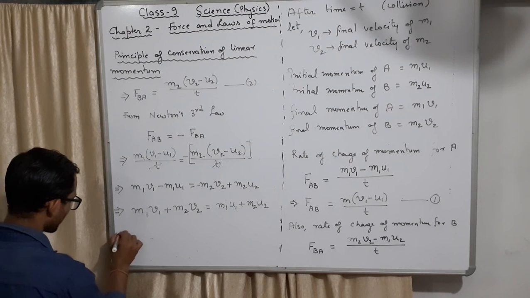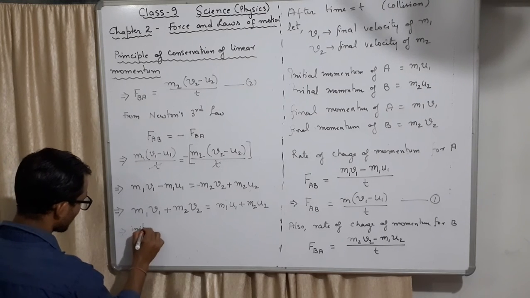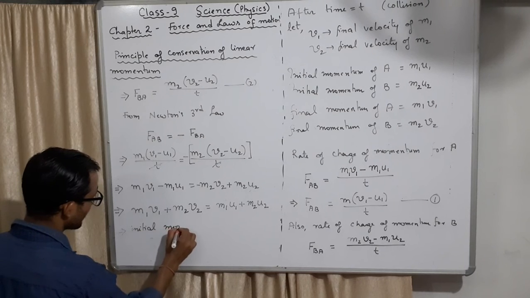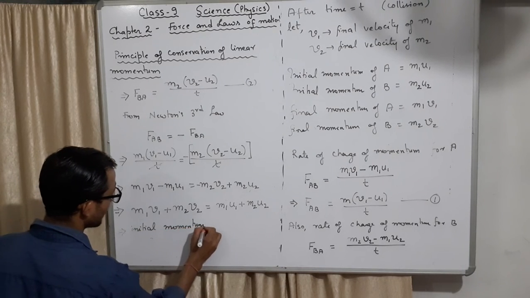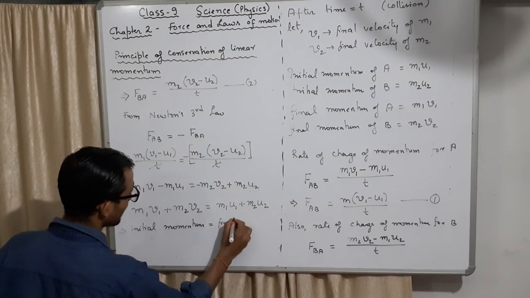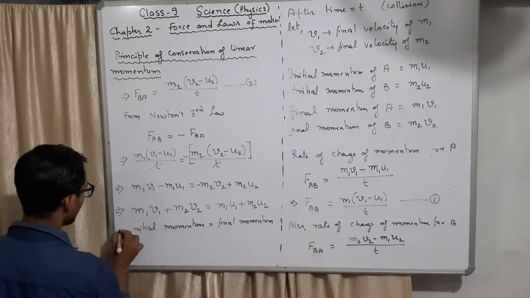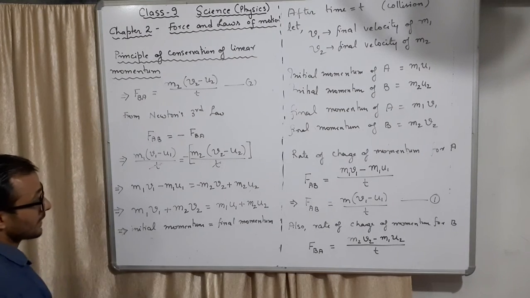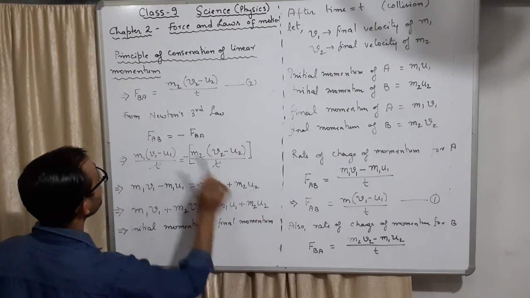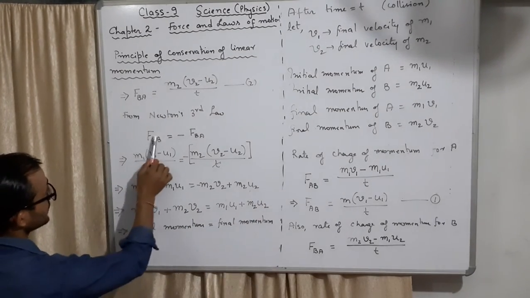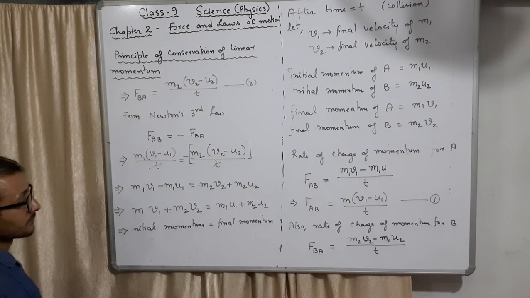So the initial momentum is still the same as the final momentum. This is conservation of momentum proved using the second law and the third law. Okay, this is all.